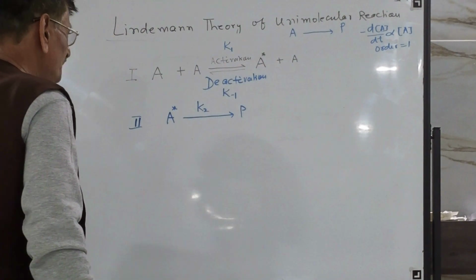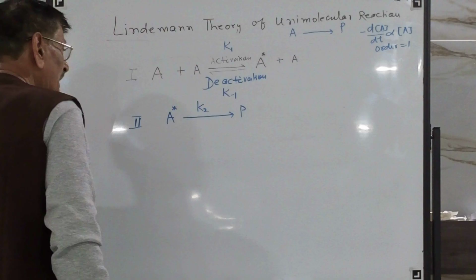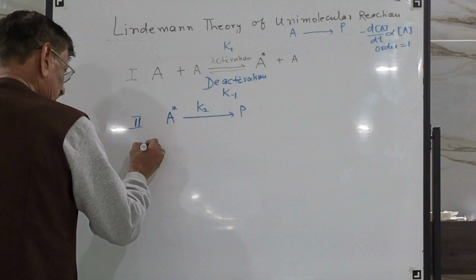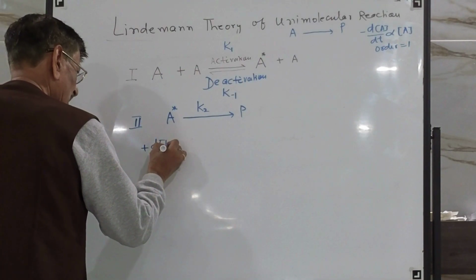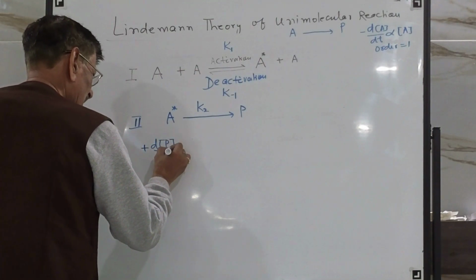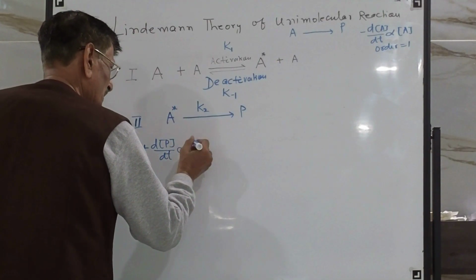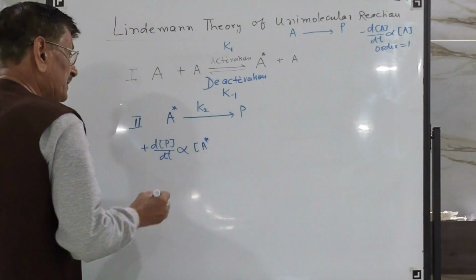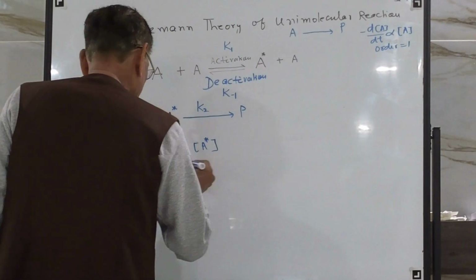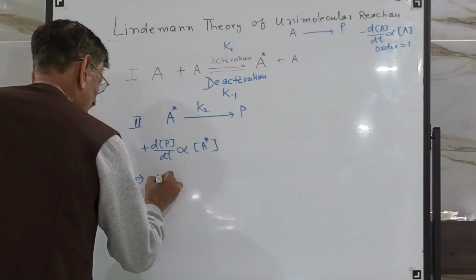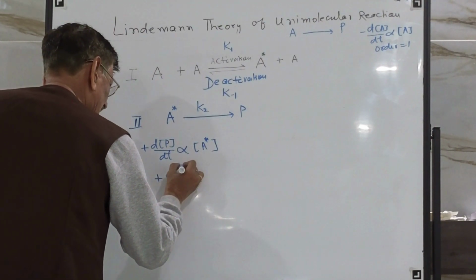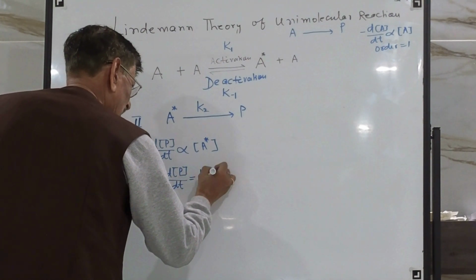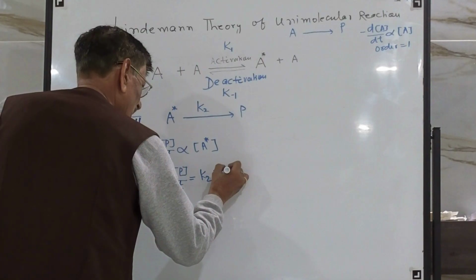Now, according to this mechanism, the rate of reaction will be the rate of formation of P. So, the rate of reaction, that is the rate of formation dP by dt, is proportional to the concentration of A star, that is the activated complex. So plus dP by dt is equal to K2 into A star.